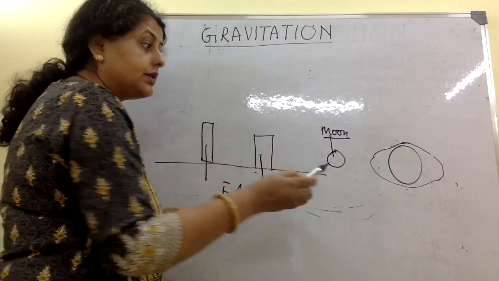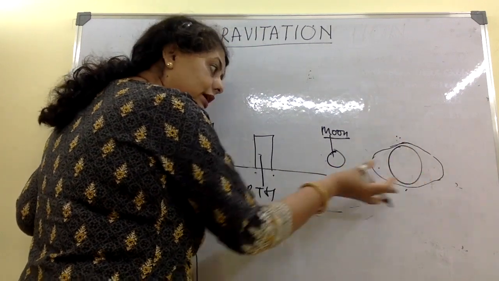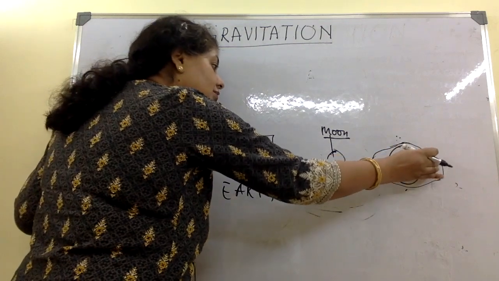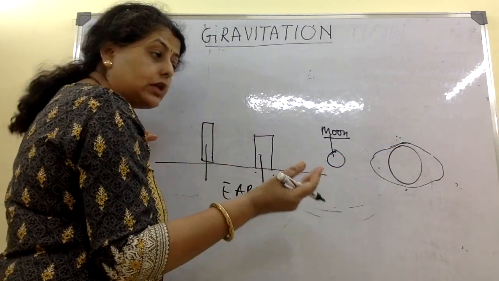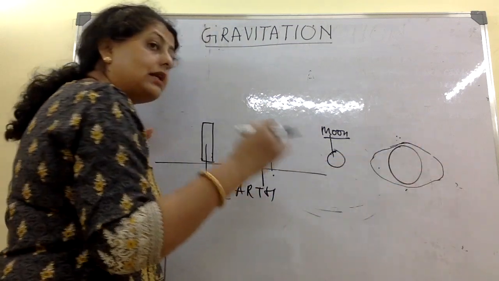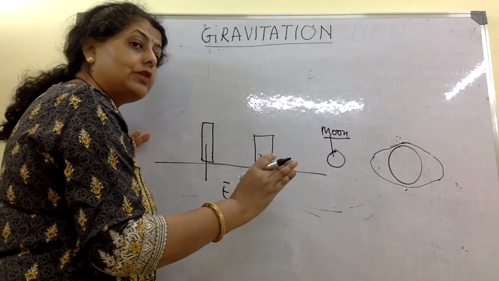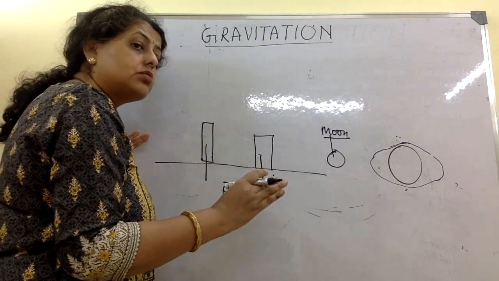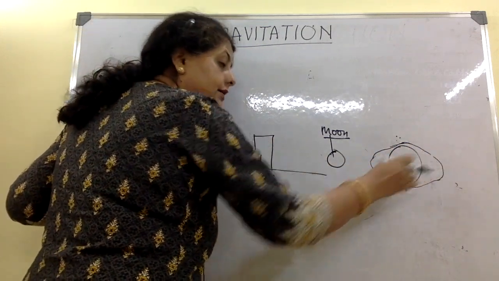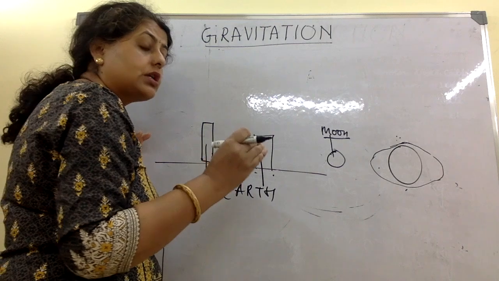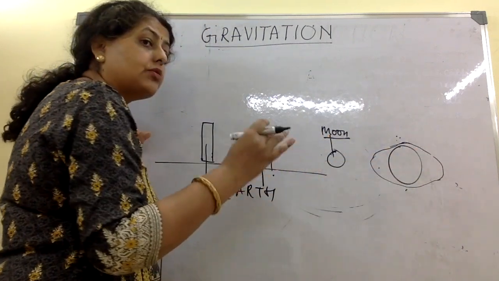Now you will ask, why does the water rise on the other side? Here the gravitational pull is more, so the water can come, but on the opposite side of the earth the gravitational pull is very less. Due to inertia, the water level does not want to move, and so the water level stays higher in these places.